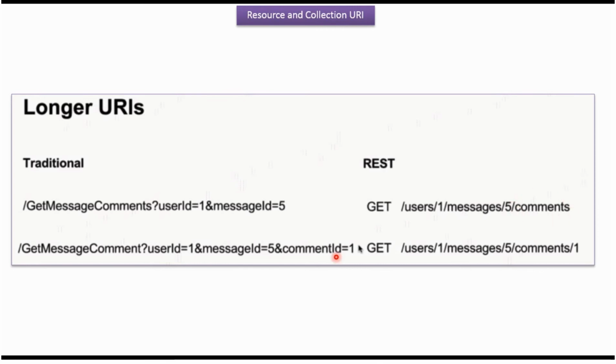To get a specific comment for a specific message and specific user, the traditional URI will be get message comment, then in the query parameter mention the user ID, message ID, and comment ID. But in case of REST, it is users collection, specific user ID, messages collection, specific message ID, comments collection, and specific comment ID. And if you see the URIs, the REST URI is simple to read and simple to understand compared to the traditional approach.